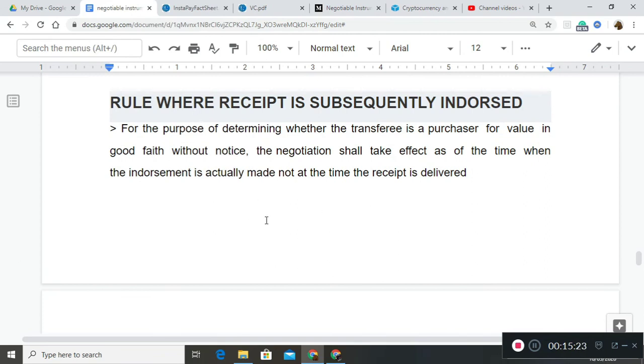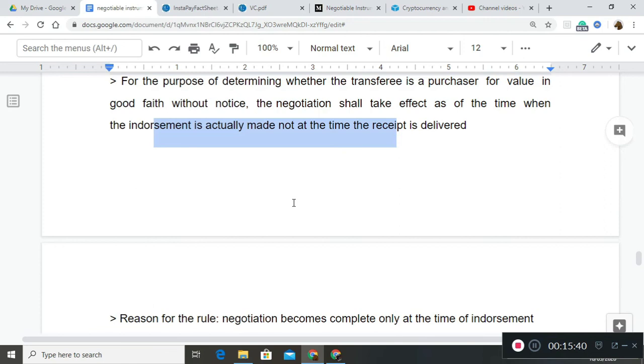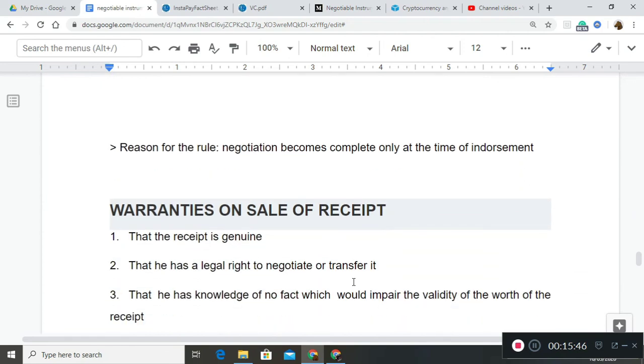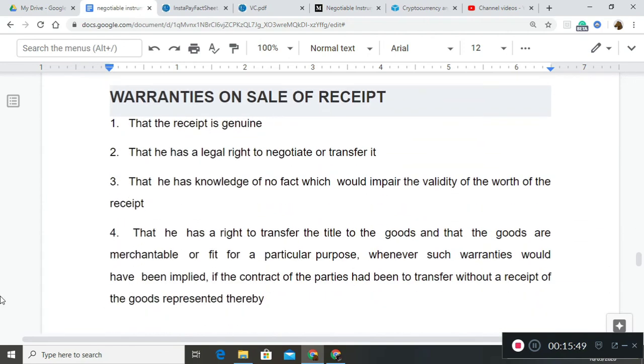Rules when the receipt is subsequently endorsed, for the purpose of determining whether the transferee is a purchaser for value in good faith without notice: the negotiation shall take effect as of the time the endorsement is actually made and not the time the receipt was delivered. Reason: the negotiation becomes complete only as of the time of endorsement.